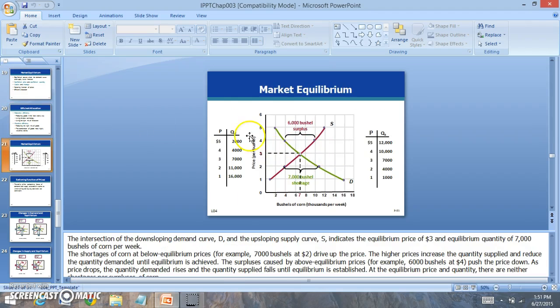Now, what we want to look at with this graph, let me see if I can bring it up here for us, would be the market equilibrium.